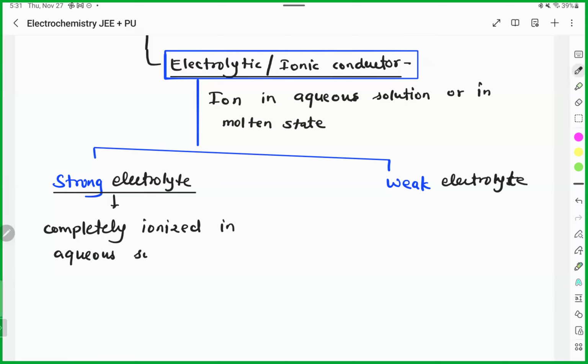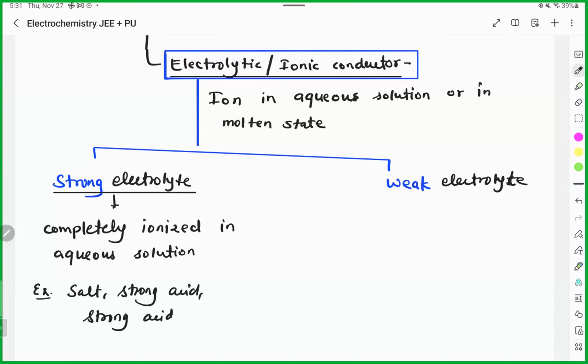Correct. Whenever there is a 100% breakdown, we will have complete product, so there is no chance of reversibility. Correct. Strong acids, salts and strong bases are strong electrolytes, so it can happen in the salt, in the strong acid or strong base. Okay, so these are the basic things.